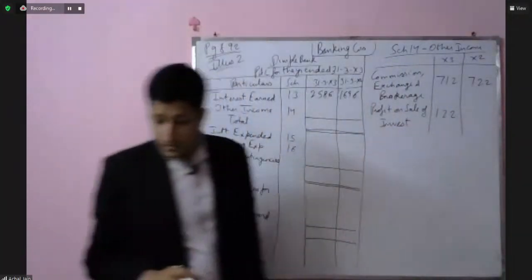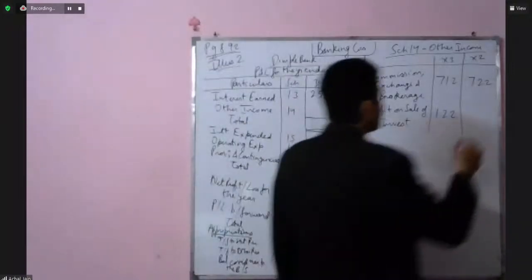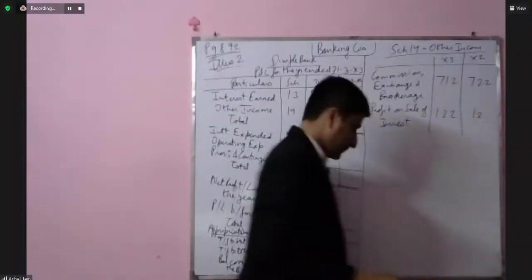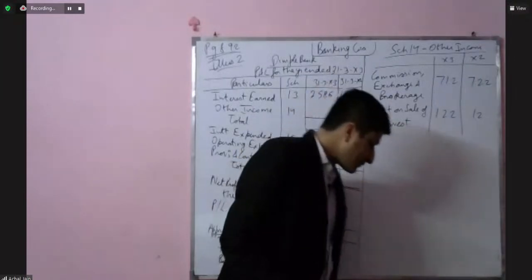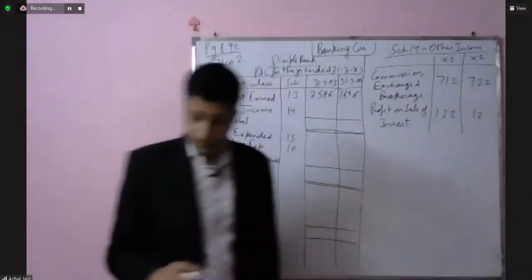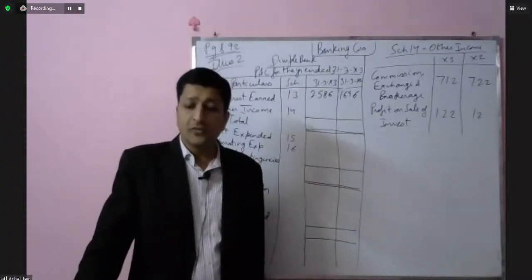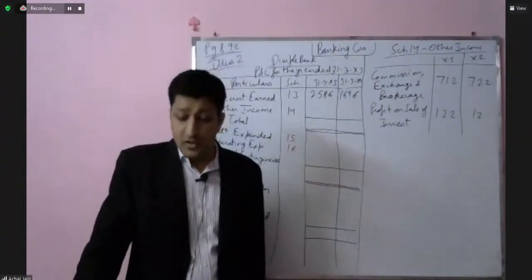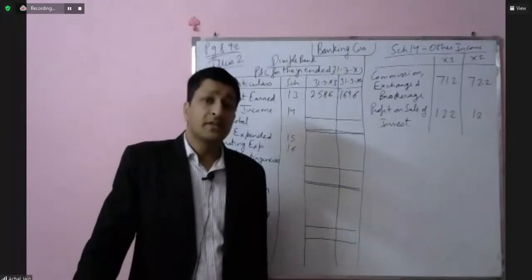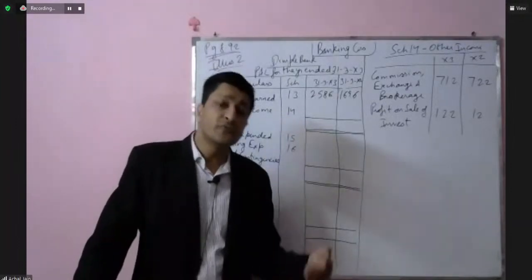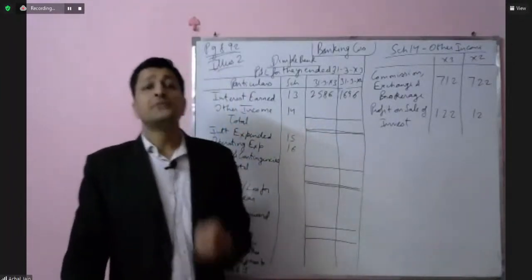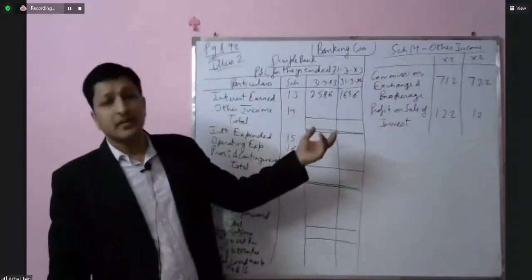This is 122 and 12 for last year. Then from this profit, we need to reduce the loss. Remember, the loss was reduced from interest, but where should that loss go? To other income.